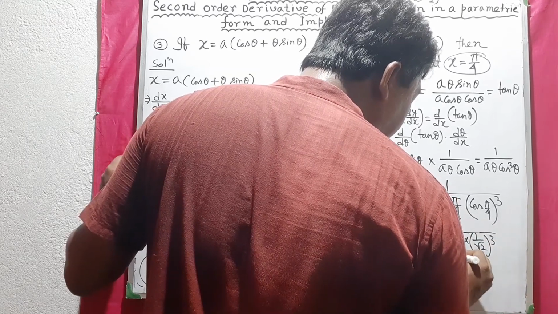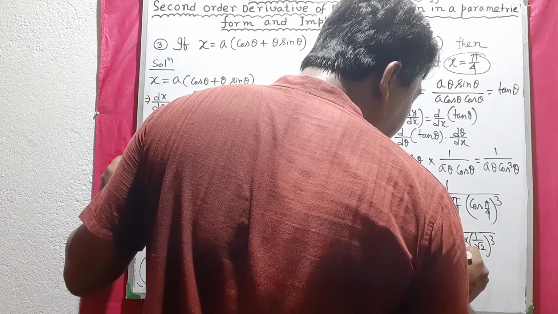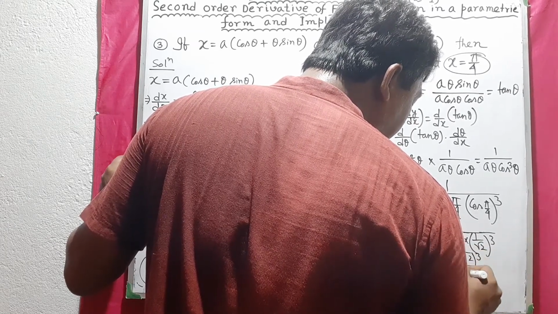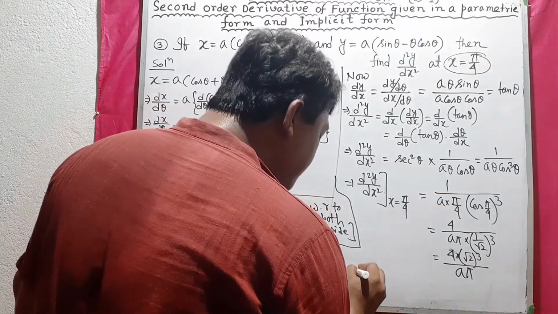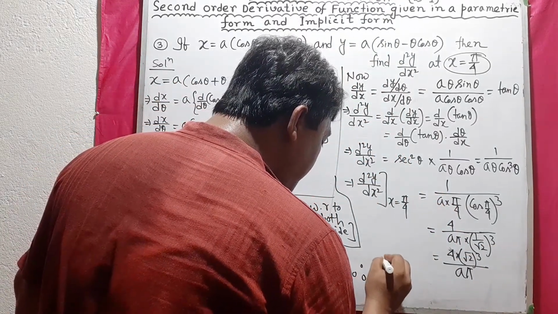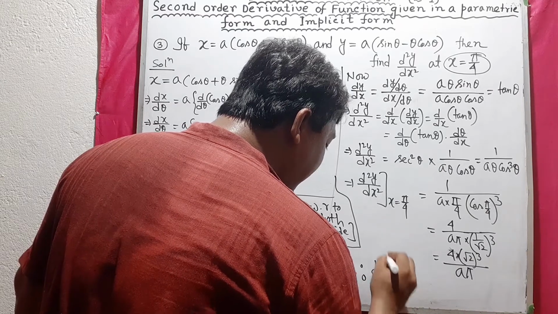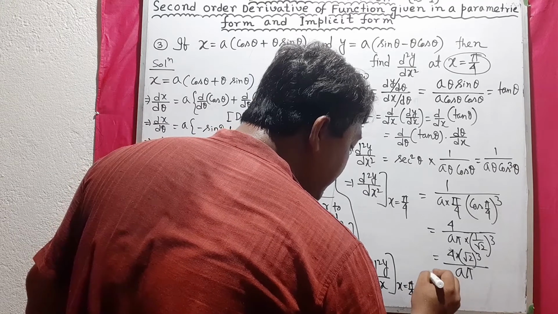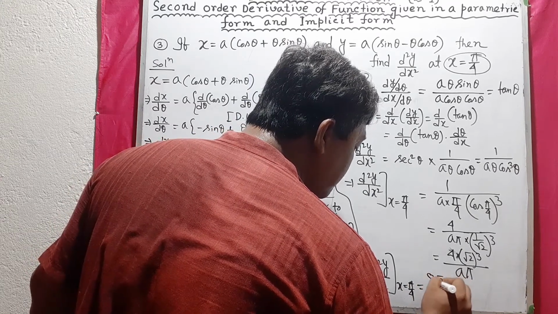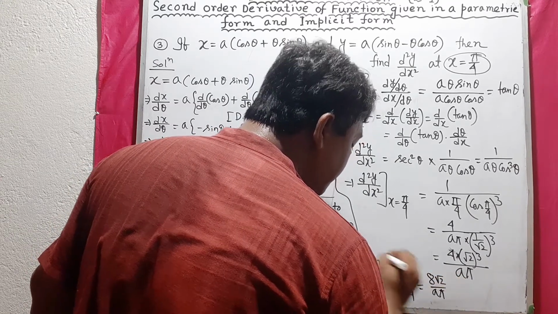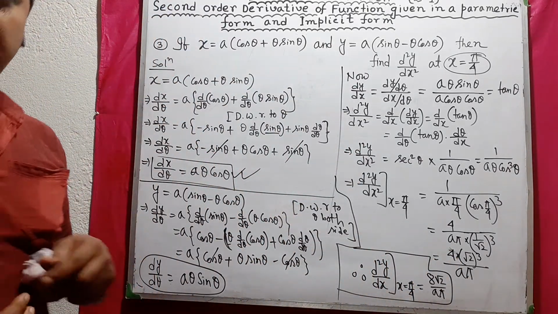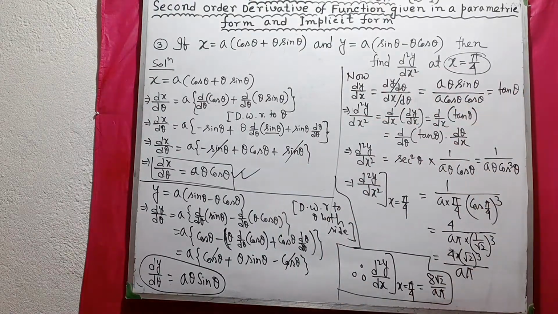So 4 into root 2 cube, that is 2 root 2 by a pi. Hence d2y/dx2 at x equals pi by 4 is 8 root 2 by a pi. Because root 2 cube, three times root 2 multiplied, root 2 into root 2 is 2 and root 2, that is 2 root 2.